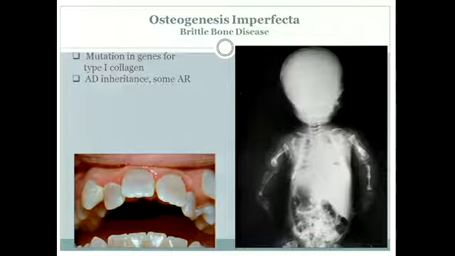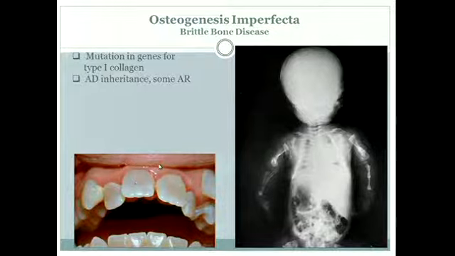But in these patients, there's actually a mutation in a gene that is causing the problems that we see. It is type 1 collagen that is the problem in these patients. So there's a mutation, and it is most likely autosomal dominant in its inheritance pattern. When it's autosomal recessive, they tend to have a more aggressive form, as in most entities, okay?